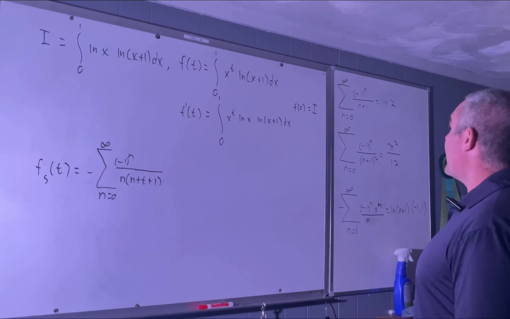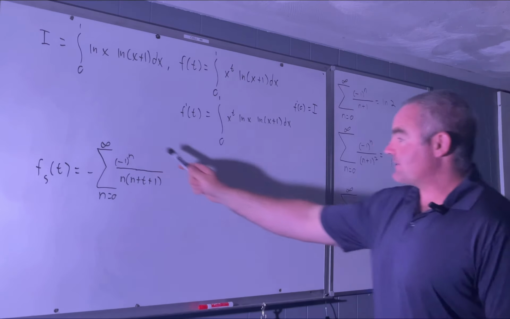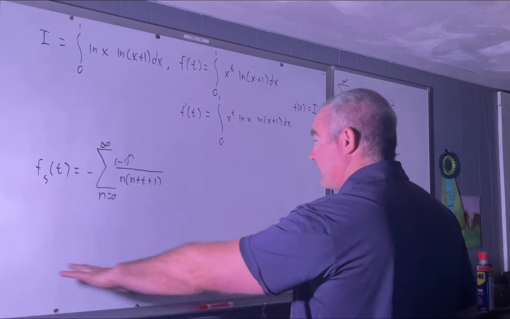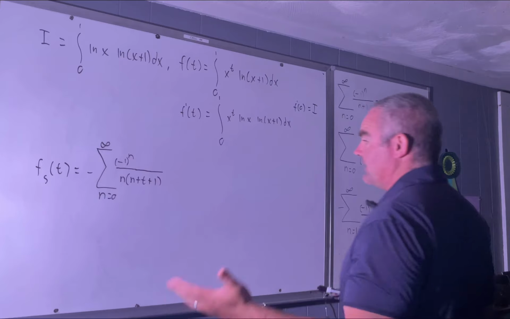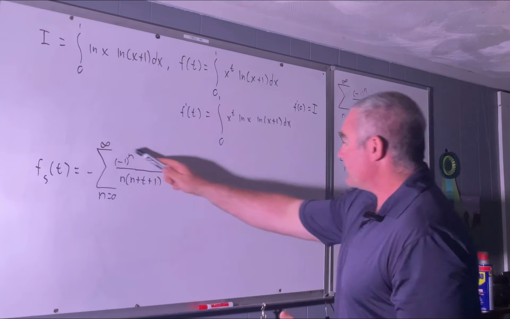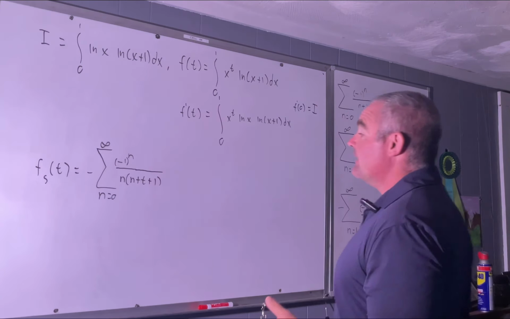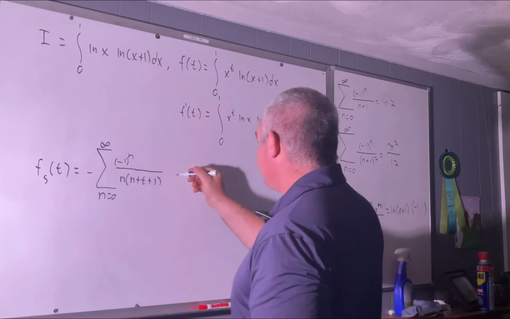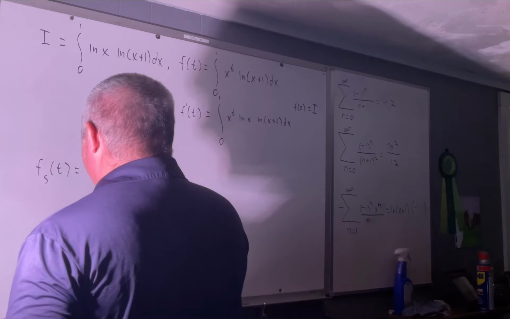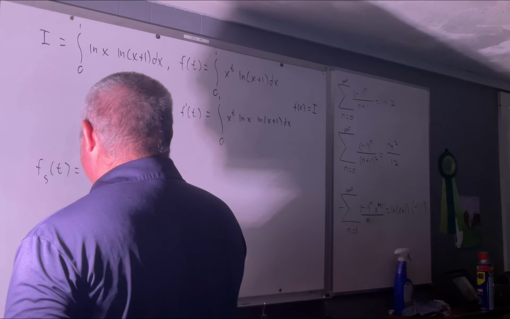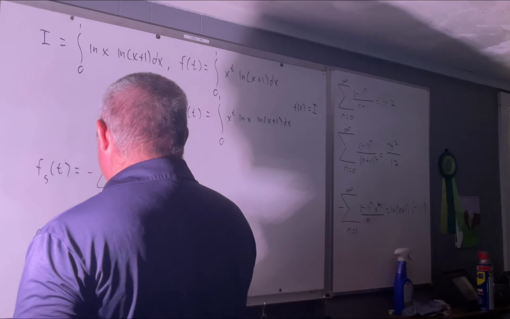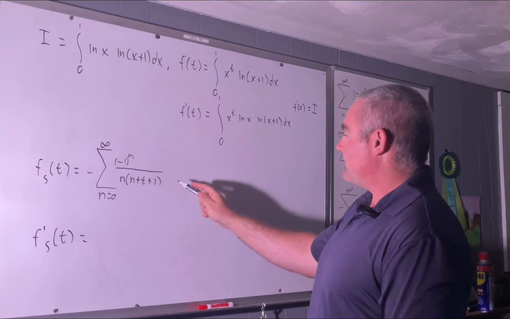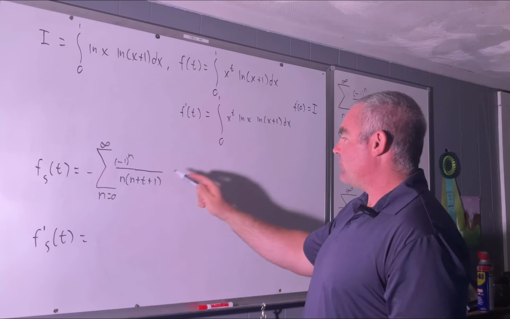All right. Well, that's not a useful function for us, but its derivative is. So let's go ahead and take a derivative with respect to t of this. And that's pretty straightforward. You literally just take the derivative with respect to t of the integrand right there. So that means that our f prime expressed as a sum in terms of t is equal to, well, let's see. The only part that depends on t is this 1 over n plus t plus 1.